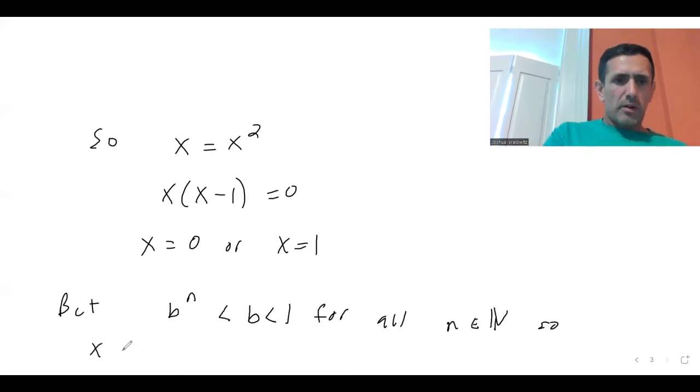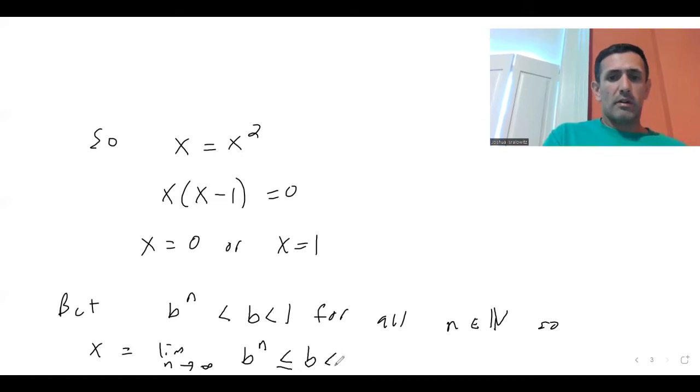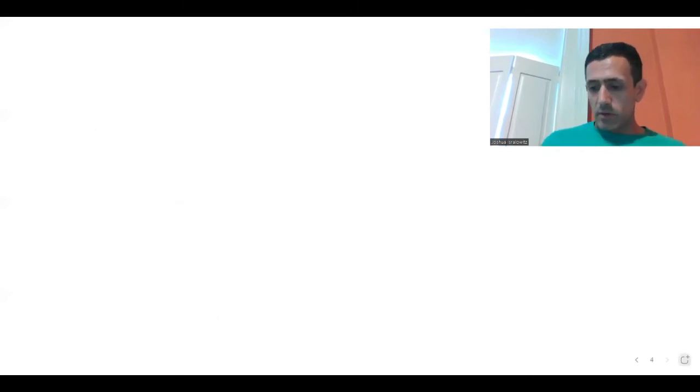So by that limit law for inequalities, all we know is that this limit is less than or equal to b. We don't know that it's less than b, but it's less than or equal to b, and that's less than 1. So x is less than 1. 1 is not less than 1; 0 is less than 1. So we've carefully proven that the limit has to be 0. There's no other choice.